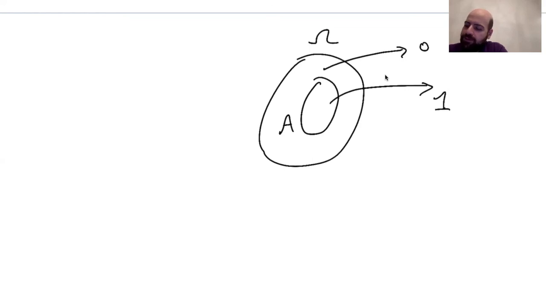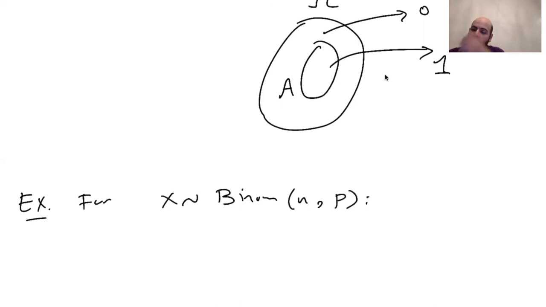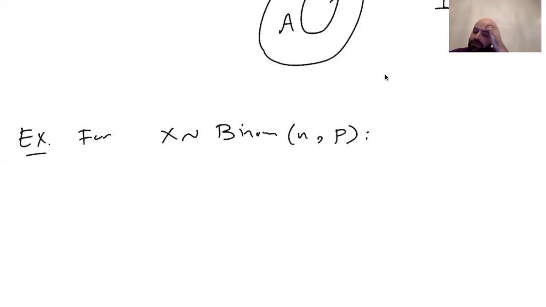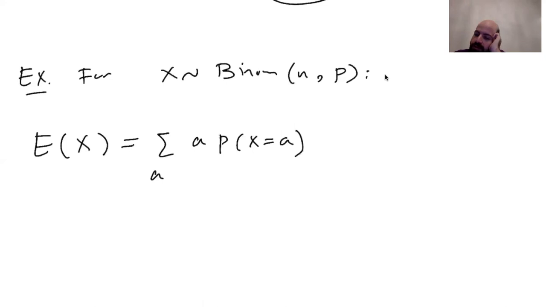All right. So this is one example, and another example. Let's say X is a binomial random variable with parameters N and P. Then what is E of X, the expected value? Expected value of X is sigma A P of X equals A, sum over A. What are the possible outputs of X binomial N and P?